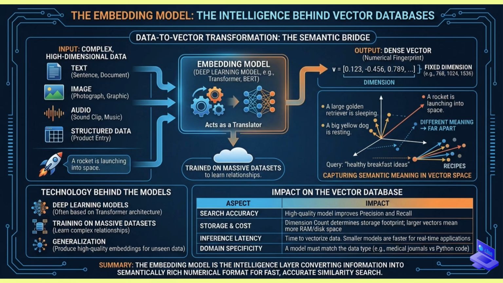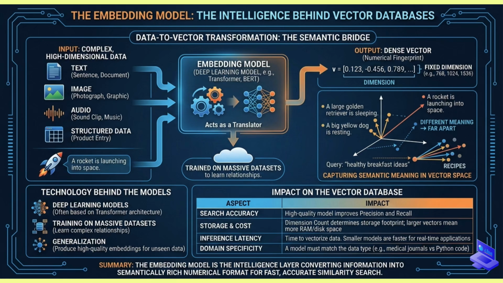The primary function of the embedding model is to map data from its original space, for example, the space of all possible English sentences, into a dense vector space. The embedding model acts as a translator. The model takes raw data, a block of text, an image file, a sound clip, or even structured data like a product catalog entry.